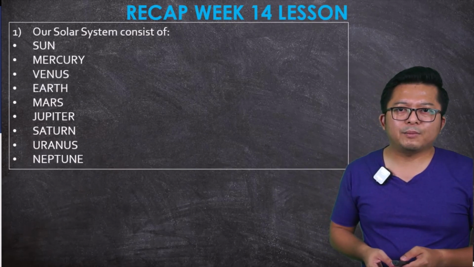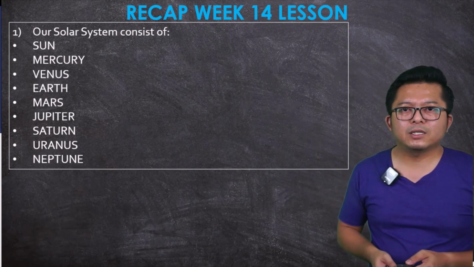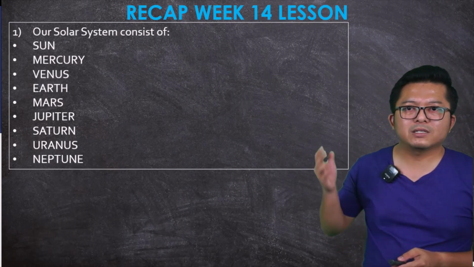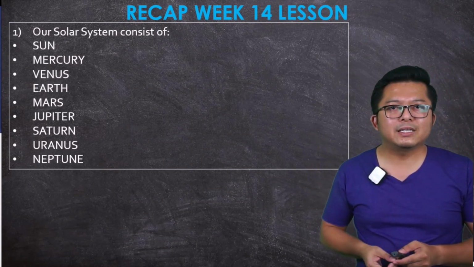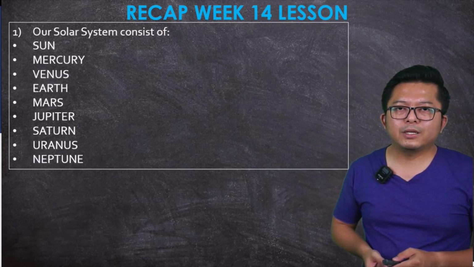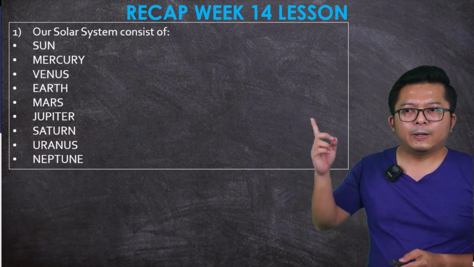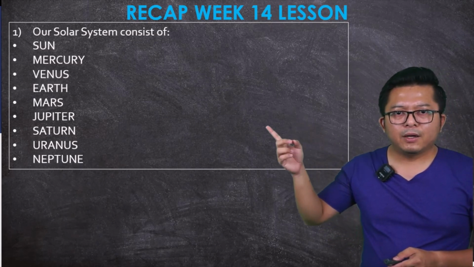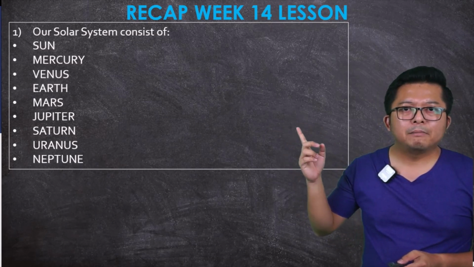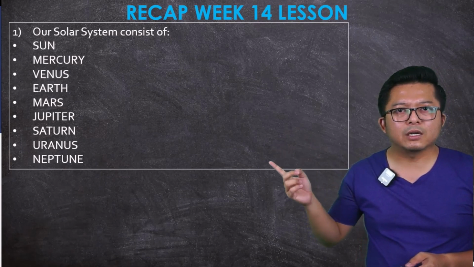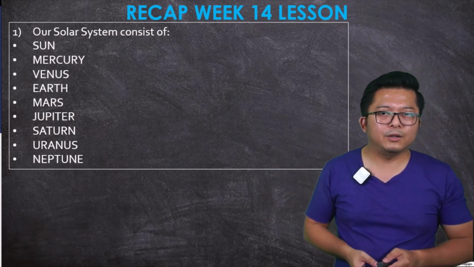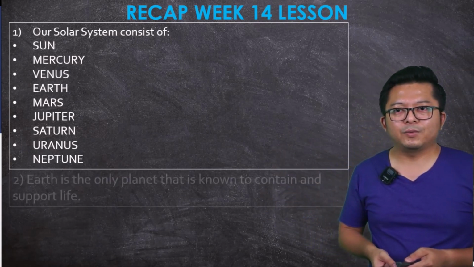Now let's recap the week 14 lesson. Our solar system consists of the Sun, Mercury, Venus, Earth, Mars, Jupiter, Saturn, Uranus, and Neptune. Or you can use the mnemonic, My Very Elderly Mother Just Served Us Nachos. Okay, you can use that too.